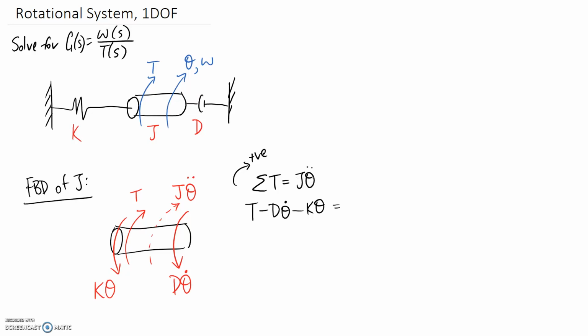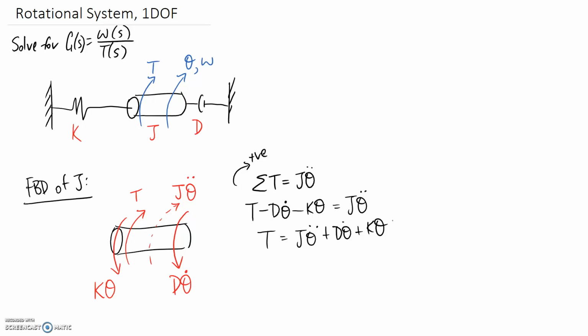And then the right hand side relates to this term here, which I've dotted in. And it's in the positive direction, so it's positive J theta double dot. So let's go ahead and put everything onto the other side of the equation, and we end up with that.